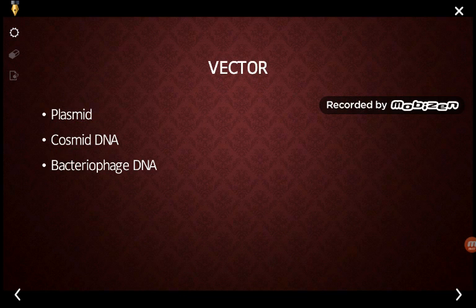Some commonly used vector plasmids are PBR322. These are certain plasmid vectors. One more example is PUC19. This is again a plasmid vector.